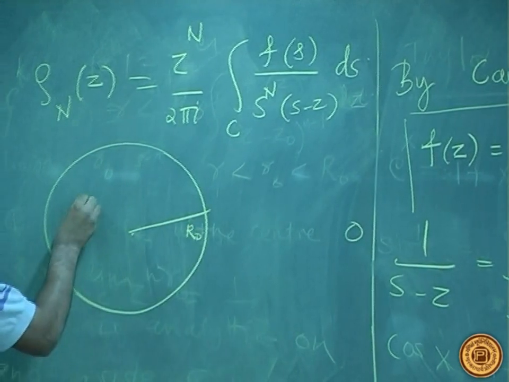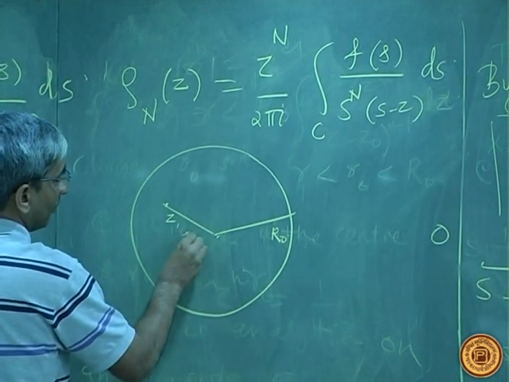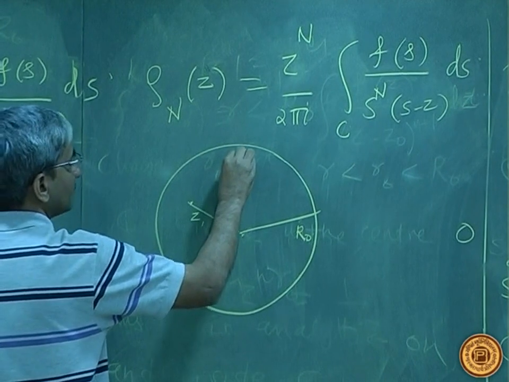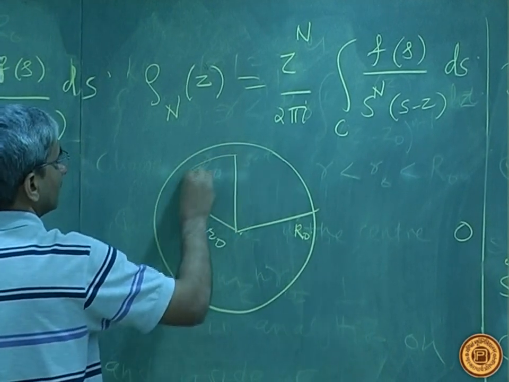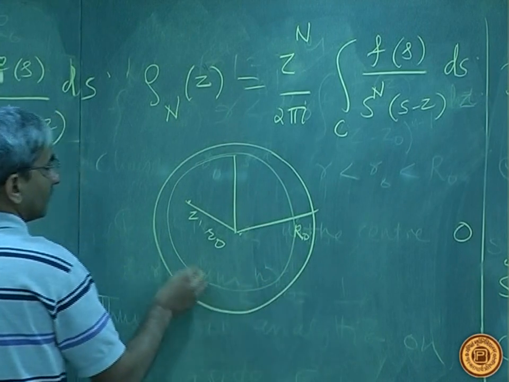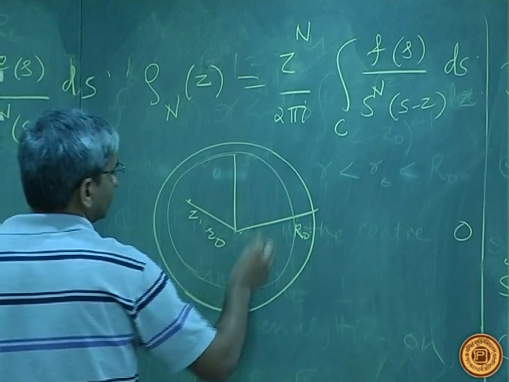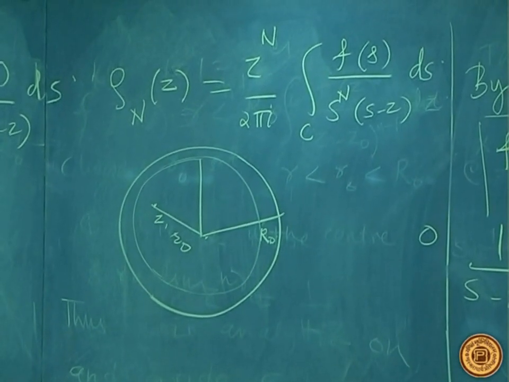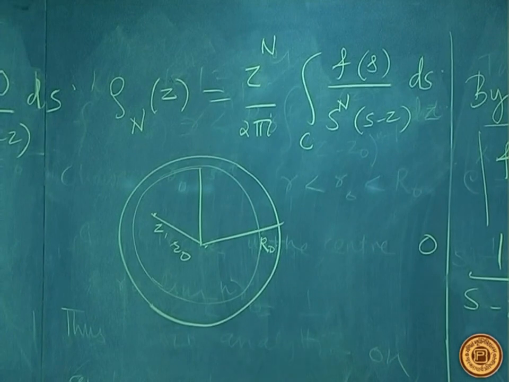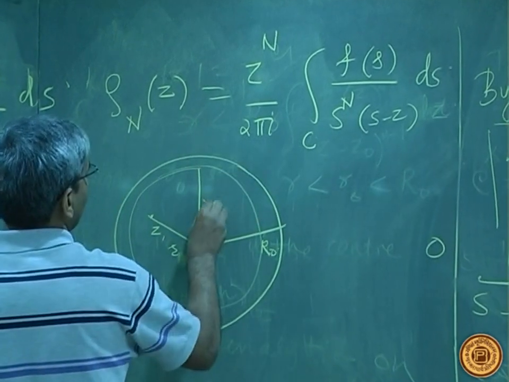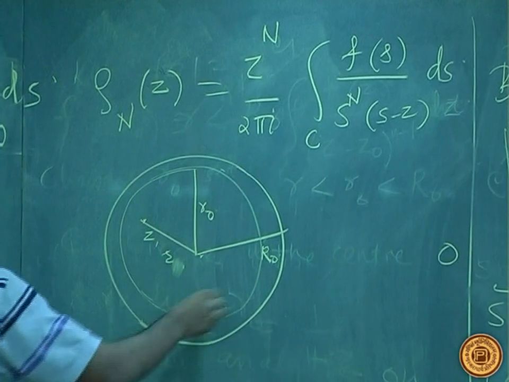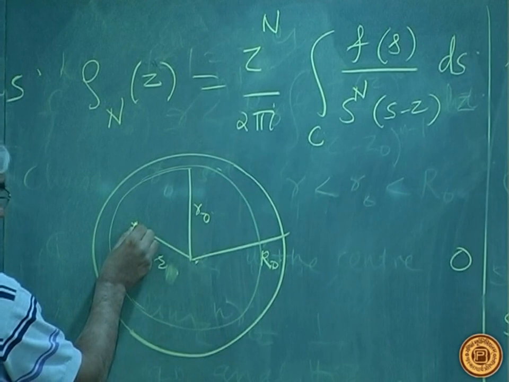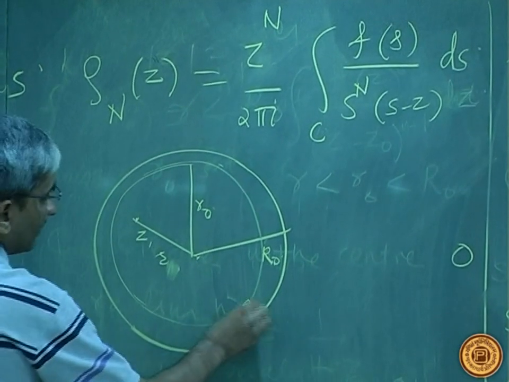The point z is here, which was small r naught, okay, and then this was r. So we choose this R naught and R, so that R naught is between R and, so this was R and this was R naught, and s is here and z is here, alright, and this is our C.